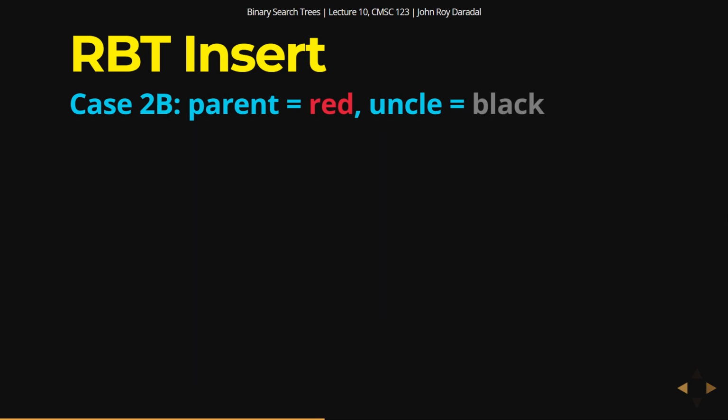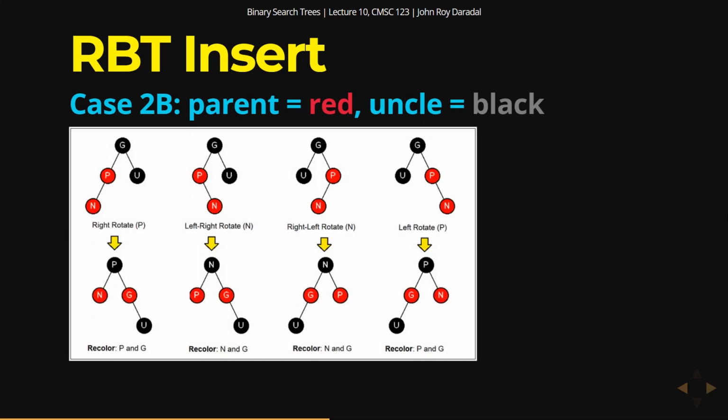Now how about case 2B? For case 2B, this is when your parent is red but your uncle is black. So they don't have the same colors anymore, so we can't do the recoloring. What we'll do here is something like this. These are the four possibilities. Your new node is here, you color it red, your parent is red, but your uncle is black.